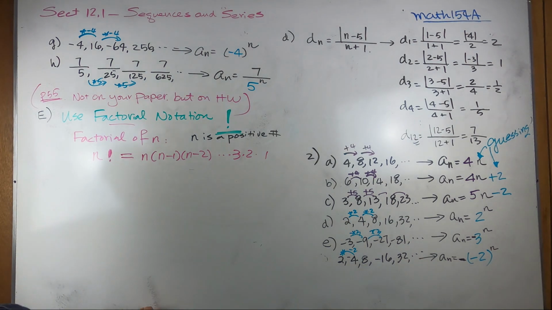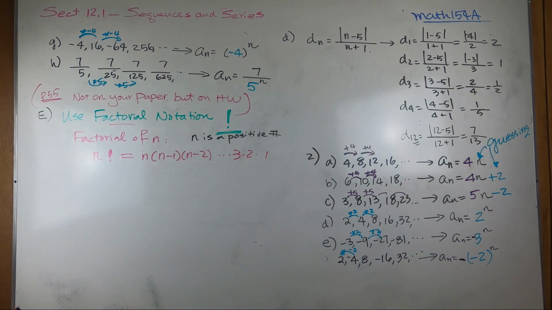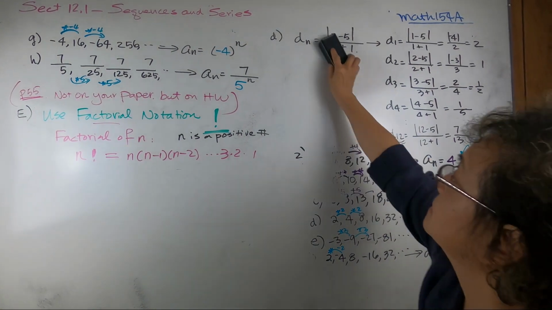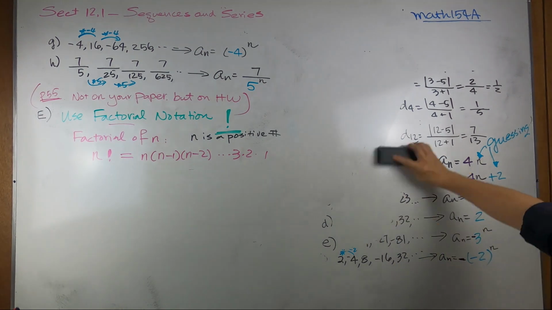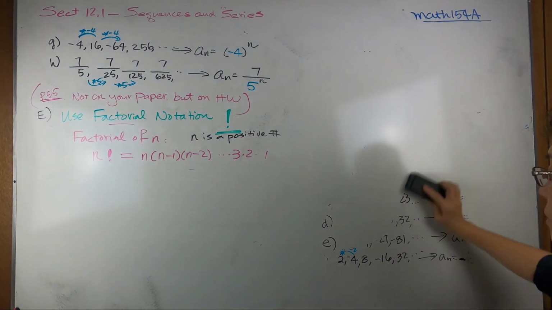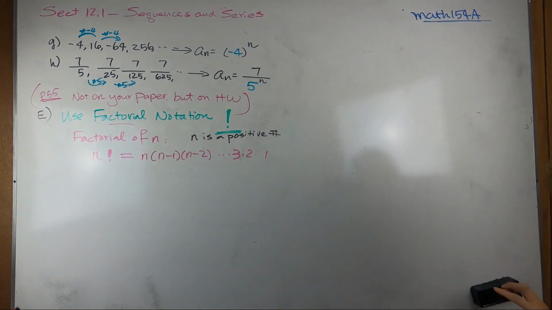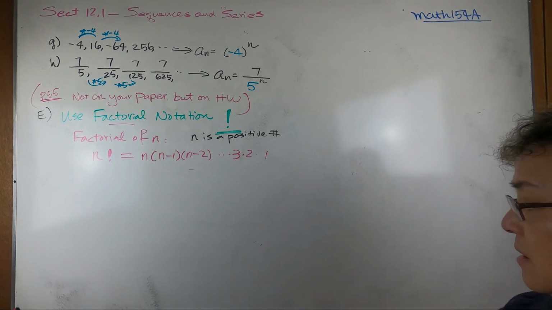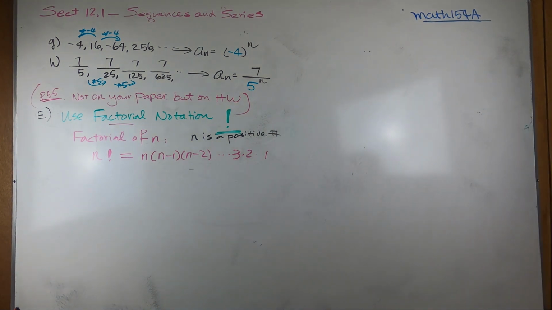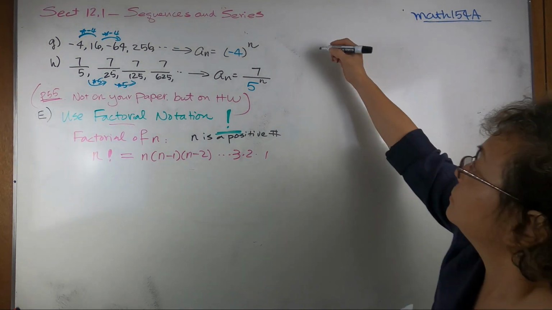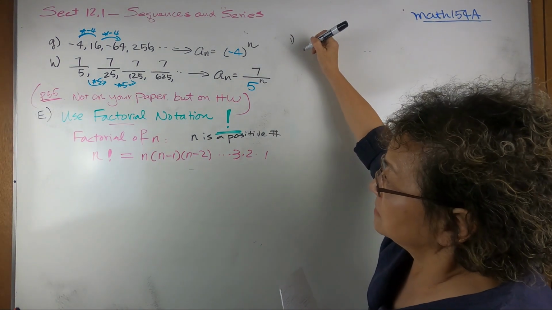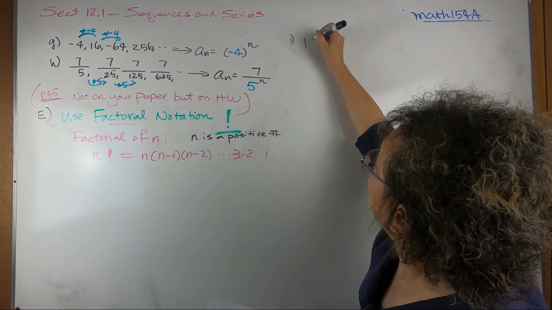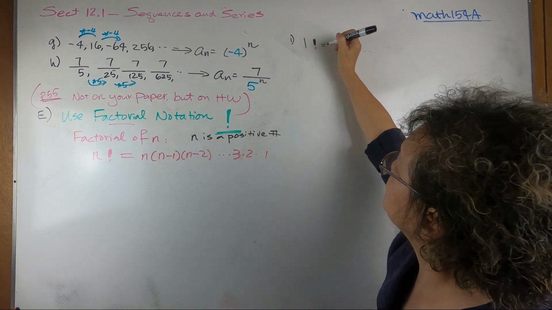Let's see some numbers first, so you know what we are talking about. If you see 1 factorial, what do we expect you to do?